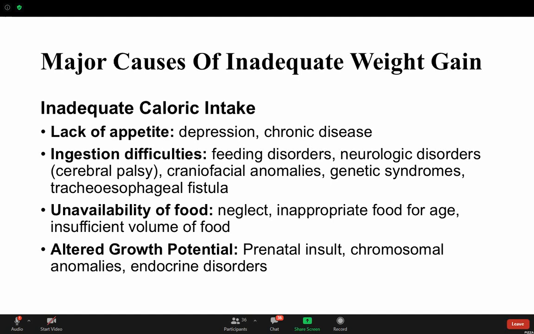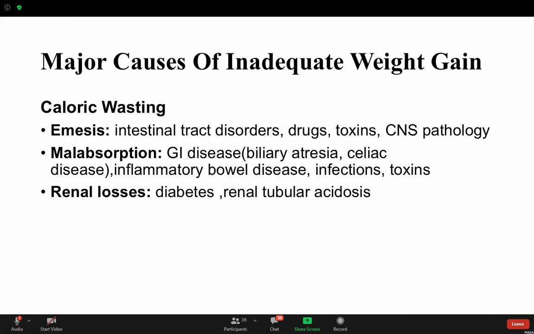Altered growth potential يا إما because of prenatal insult، chromosomal anomalies، أو endocrine disorders. البوتنشل حقهم أصلاً غير، زي ما نعرف إن بعض الchromosomal disorders ولا endocrine disorders ما راح يطولون للطول اللي متوقعينه. فهذه altered growth potential، البوتنشل حقهم تغير.